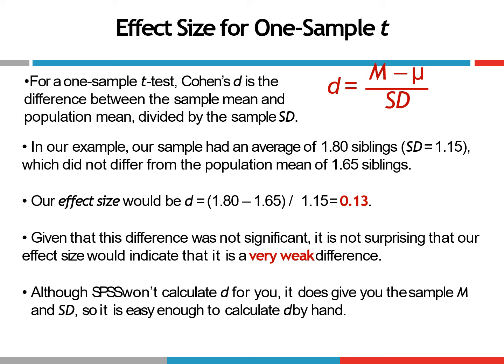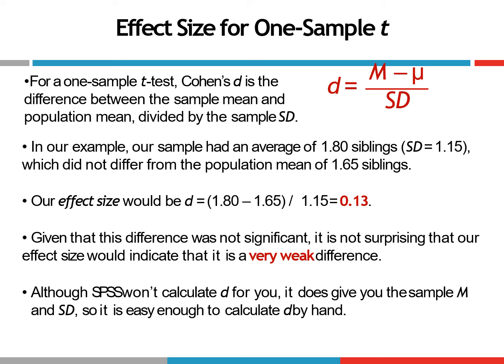Our sample had an average number of siblings of 1.80, and the hypothesized population mean was 1.65. And the sample standard deviation was 1.15.